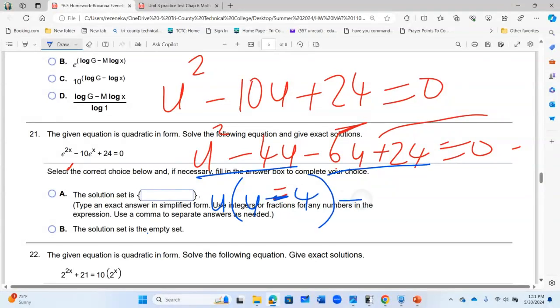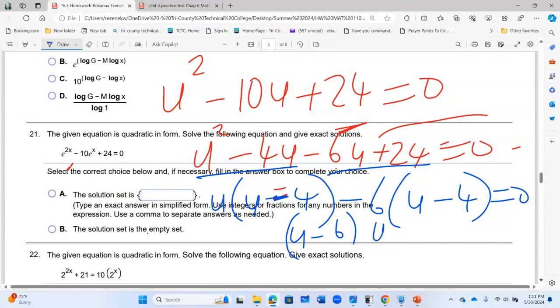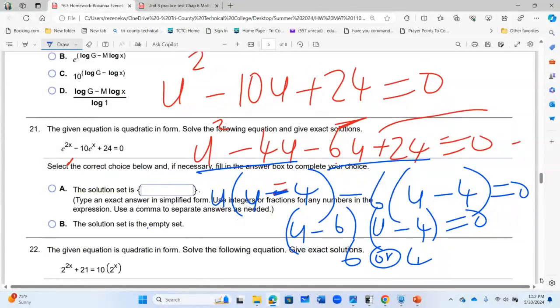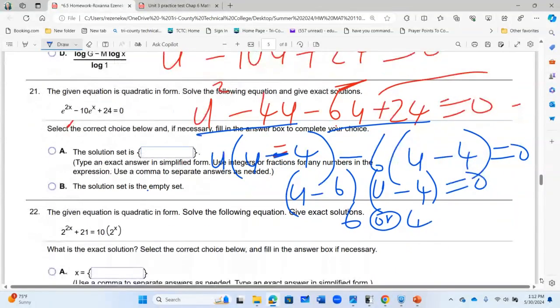I'll take minus out, and I'll factor 6 out into u minus 4 equal to 0. Yes, factorization is working. So u minus 6 and u minus 4 are the factors, and the solutions are 6 or 4. Okay, so now we're going to go back and solve the problem.